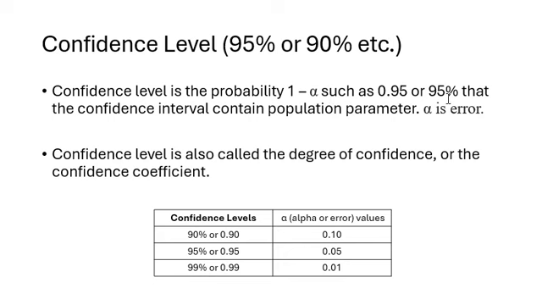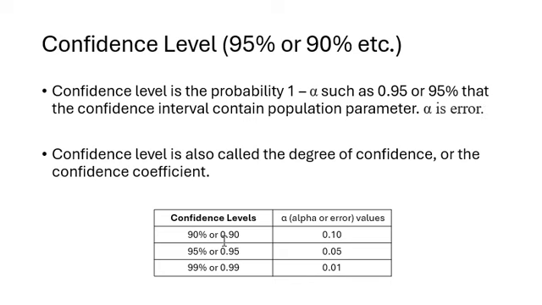So if you have 95% confidence, you're subtracting 5% error out of 100, so you're left with 95% confidence, because you have a 5% error.